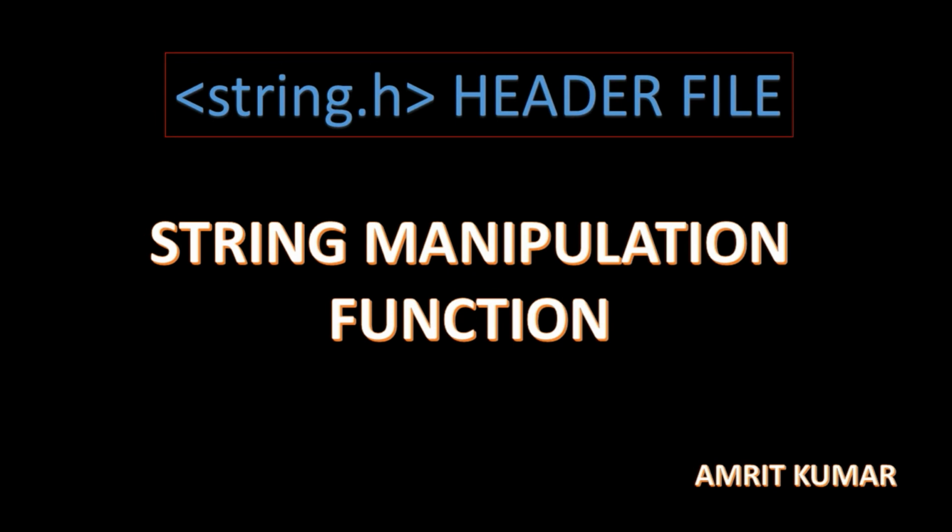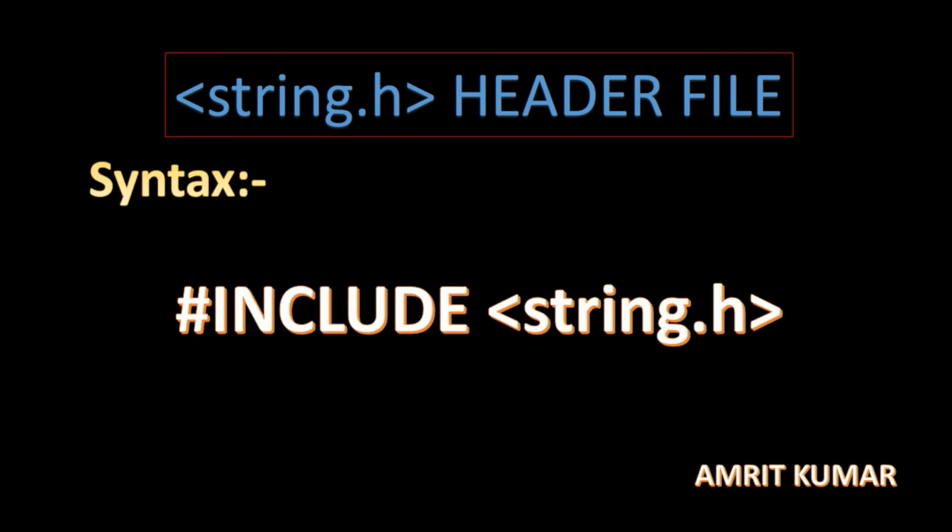This is an example of string.h: the strlen function, an inbuilt function, is there in the string manipulation functions. Whatever you have learned in string manipulation, all of that is carried in the string.h header file. The syntax is clear: you need to specify #include <string.h>.